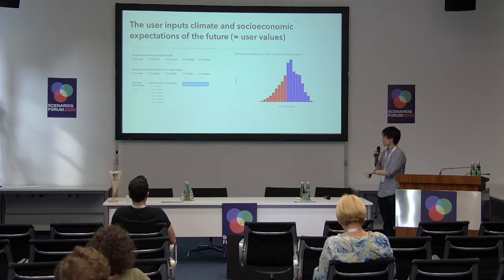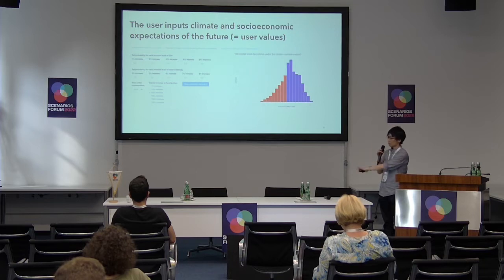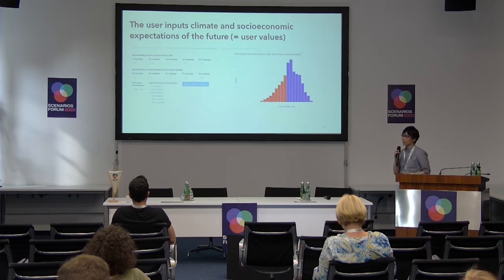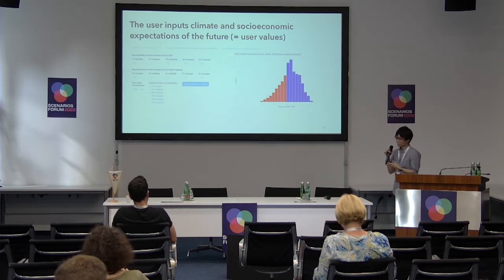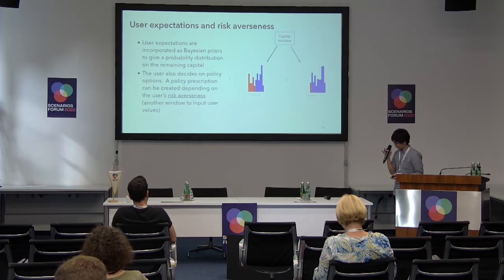The user could also choose a specific policy option, how much capital increase they want for the EU Solidarity Fund, and the causal network with these inputs creates a probability distribution output that shows how much capital would be left in the Solidarity Fund in a given year. The blue part shows the capital will remain positive, and the red part shows that the capital will go negative, go in deficit. And the user can use this kind of probability distribution to make policy decisions.